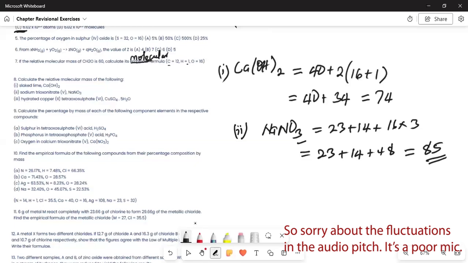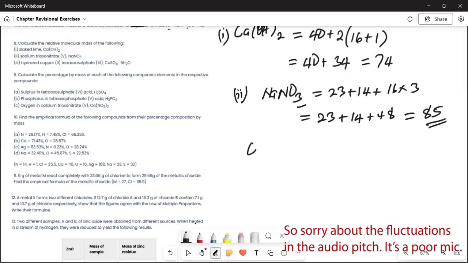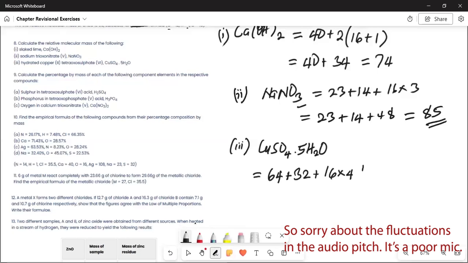Then the last one, hydrated copper(II) tetraoxosulfate(VI). That is CuSO4.5H2O. Okay? What is the relative atomic mass of copper? Copper is 63.5, which is approximately 64. So 64 plus sulfur is 32. Then oxygen 16 times the 4 atoms there, then plus this 5 here, the water of crystallization. The 5 here affects all the atoms in front of it, that's hydrogen and oxygen. So I'm going to use it to multiply the relative atomic mass of hydrogen and oxygen.